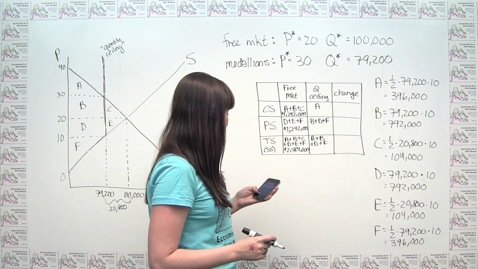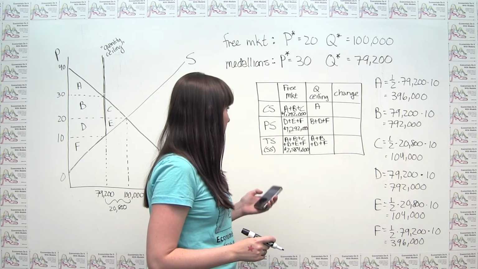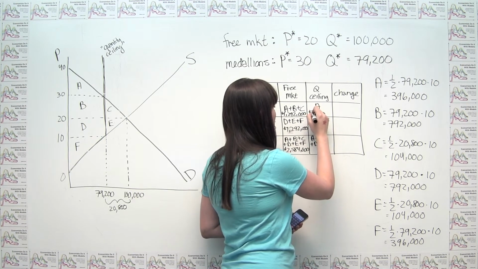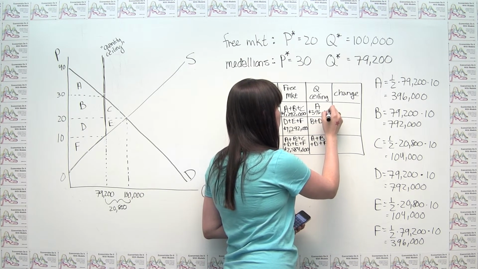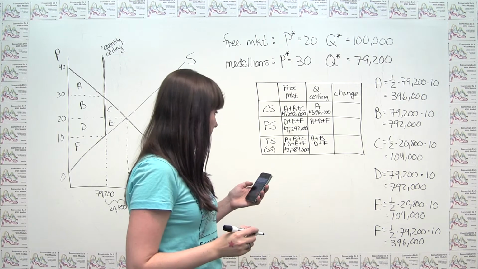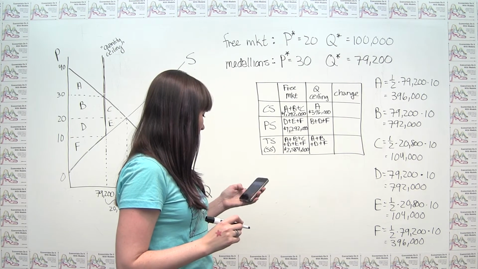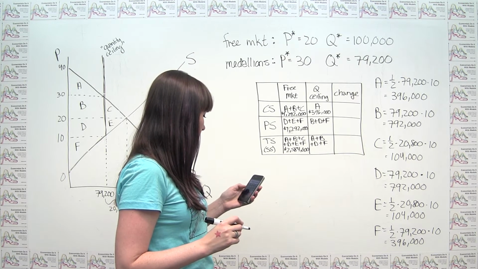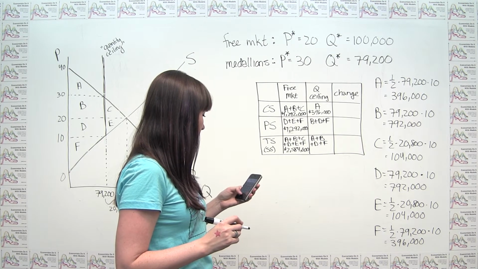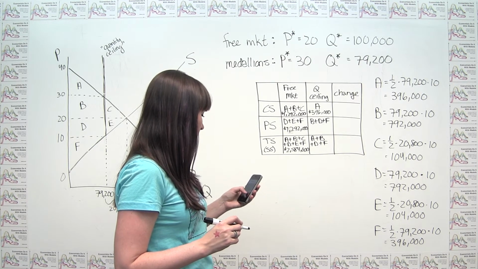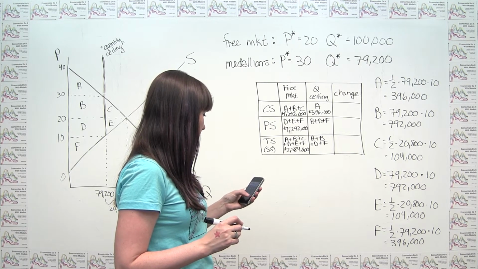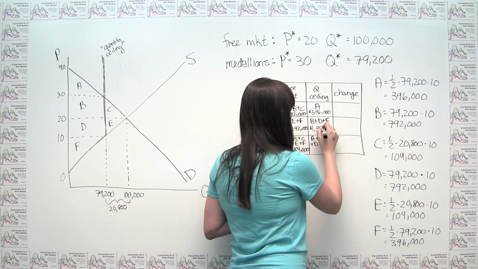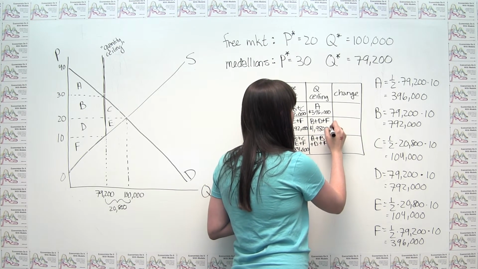And then we can do this under the quantity ceiling, and we can see, well, area A is just 396,000. Areas B, D, and F are 792,000 plus 792,000 plus 396,000, or 1,980,000.